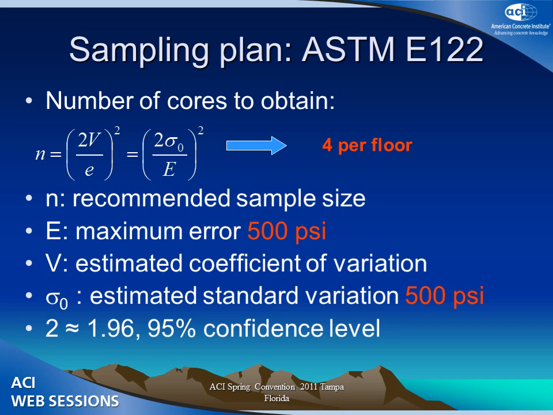The maximum error you can tolerate, we weren't quite sure. We did believe that concrete having a standard deviation of about 500 psi might be a reasonable number. If you play around with those numbers a little bit, you can get an N that gets pretty large if you let this number get ridiculously low, or if you let that number be ridiculously high.